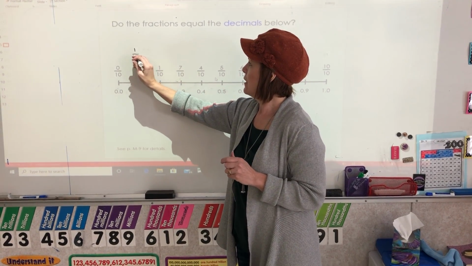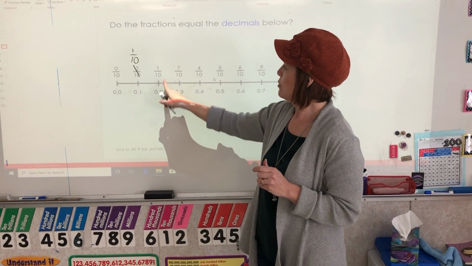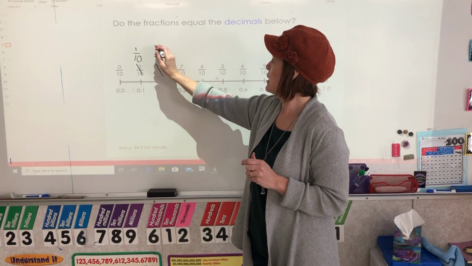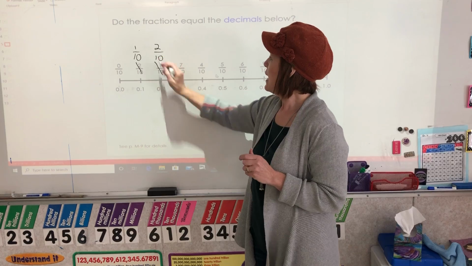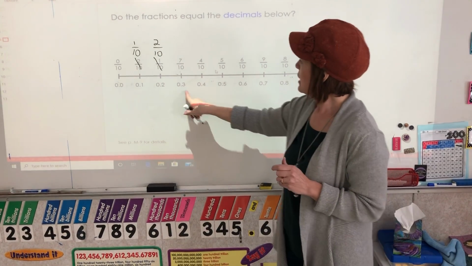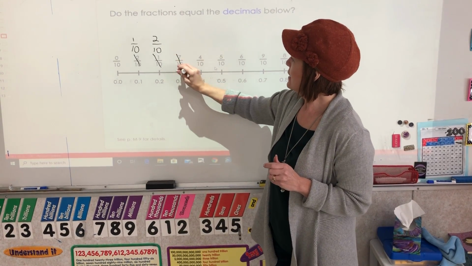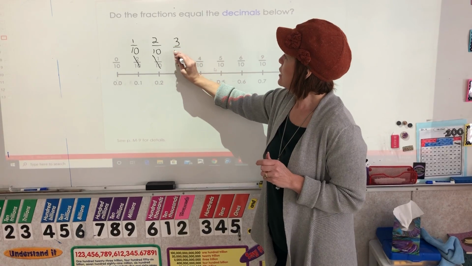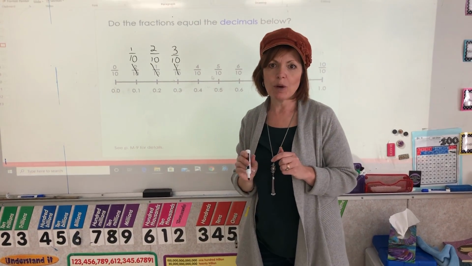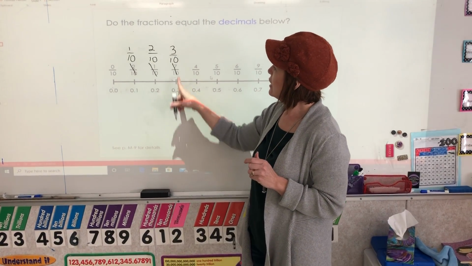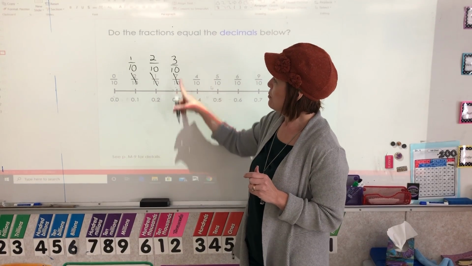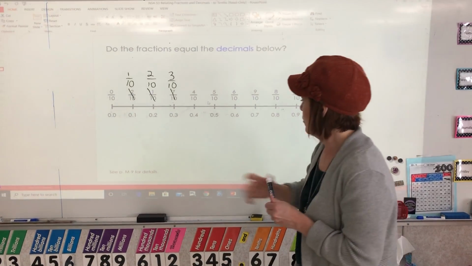That should be 1/10. At decimal 2, they put 1/10, and that is absolutely incorrect. It should be 2/10. And they continue to make silly errors. Decimal 3, they have 7/10. That is not correct. So if you have a question like that today in your workbook, just check that they are matching the decimal and the fraction accurately, okay?